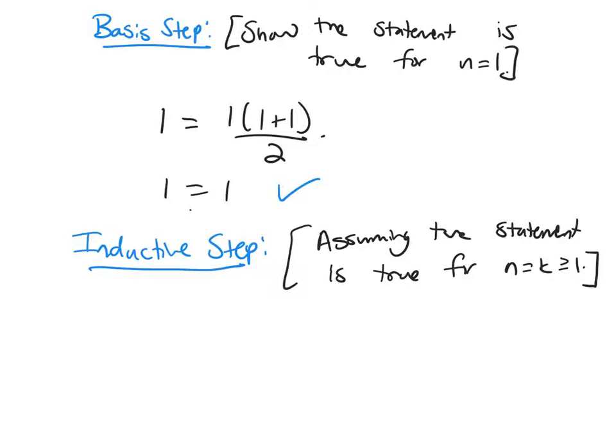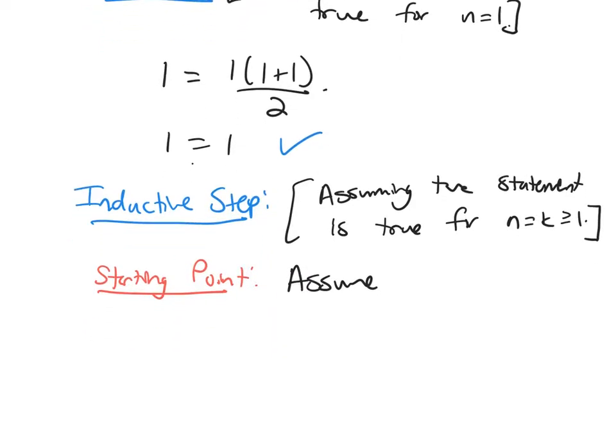So when we're proving this, it might help if you think in terms of that starting point and conclusion that we talk about a lot with proofs. Our starting point, we're going to assume that the formula is true when I plug in k.